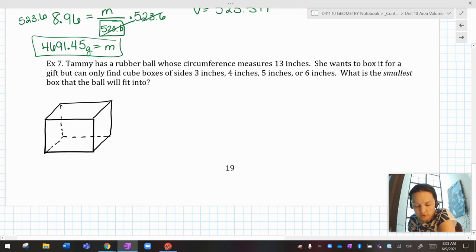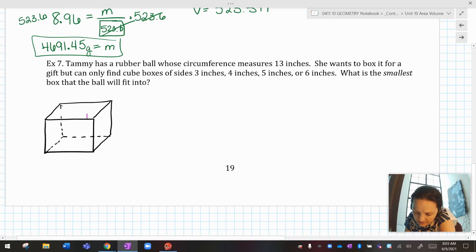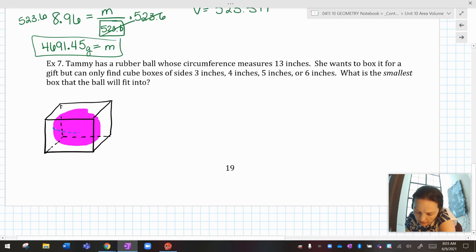Got to be impressed with my box drawing there. I want to fit a ball inside of it that basically touches the edges. So what size box do I need to fit that ball in there? I should probably figure out the diameter of the ball. If I have a ball whose circumference is 13, that means it's 13 inches around like this.